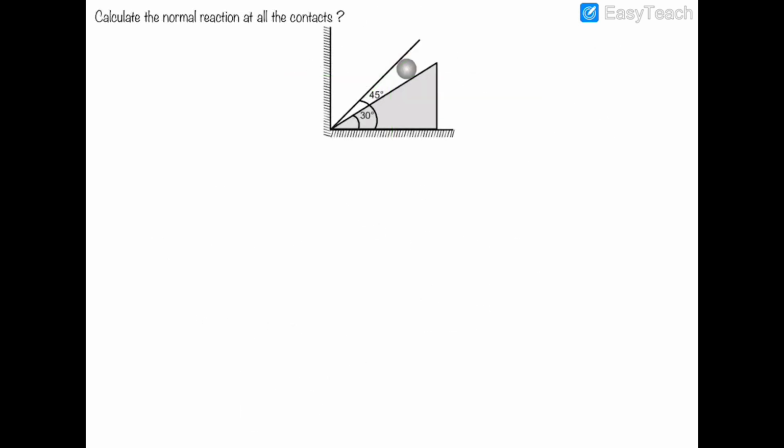Now in this question, we can see that there is a ball which is being restricted between these two inclined planes. If I draw the free body diagram here, mg will be pointing downwards. This is mg, and the normal reaction of this plane will be like that.